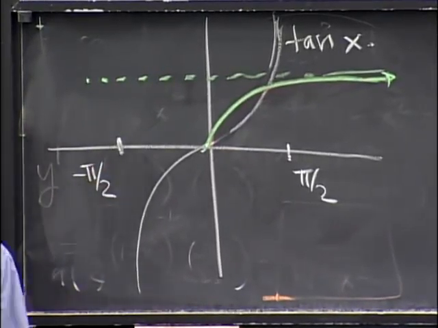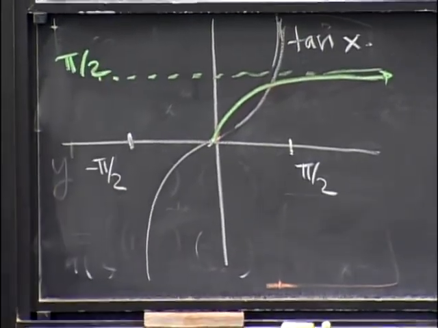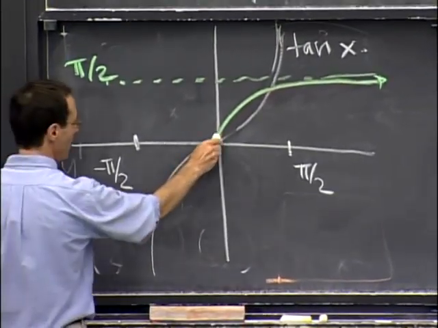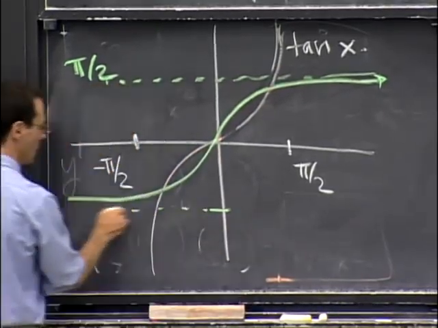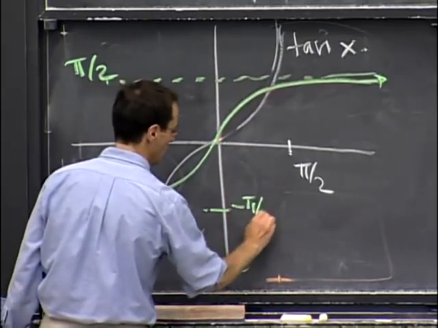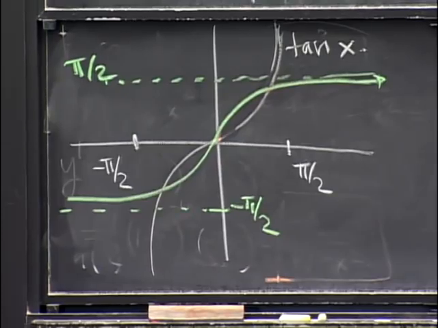What's the highest? Right there. It's this pi over 2 up here. Now, similarly, the other way, we're going to do this. And this bottom level is going to be minus pi over 2. So there's the picture of this function.